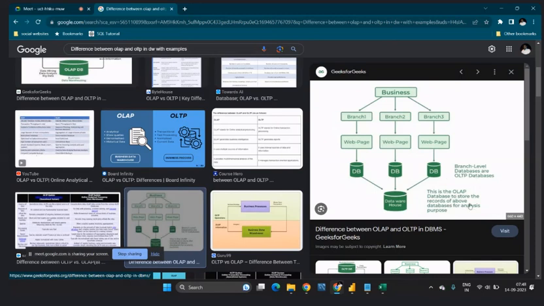In interviews, some crucial managers will ask whether we are working on OLTP databases or OLAP databases. Oh my God, what are those databases? I have only heard of SQL, MySQL, Excel, Oracle, SAP, Amazon. What is OLTP?